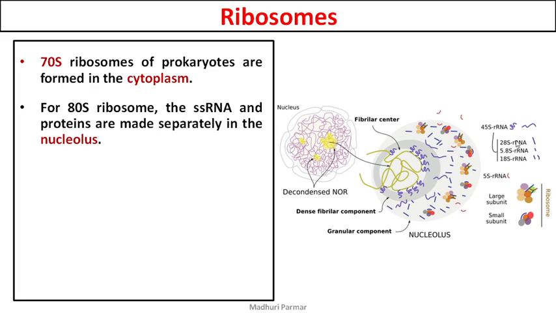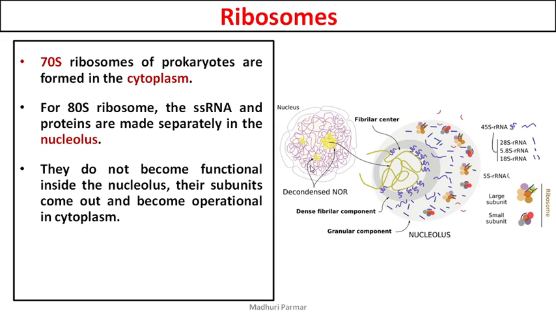These purple colored thread-like structures we are seeing are all different sizes of RNA. So here you get the rRNA, and then the rRNA plus the different proteins come together and form the large subunit and the small subunit.